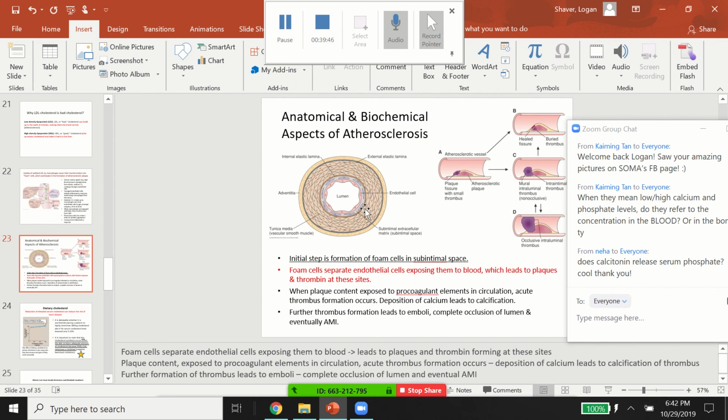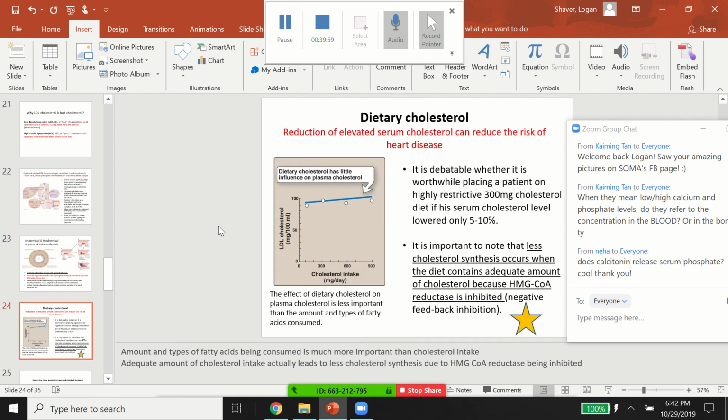So not a very good thing at all to have, especially in patients with hypertension and other risk factors for cardiac events, of course. But yeah, that was important about the foam cells, so that's why I included it.